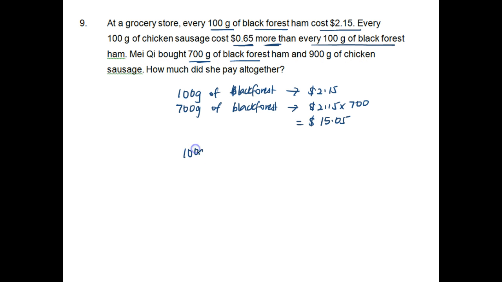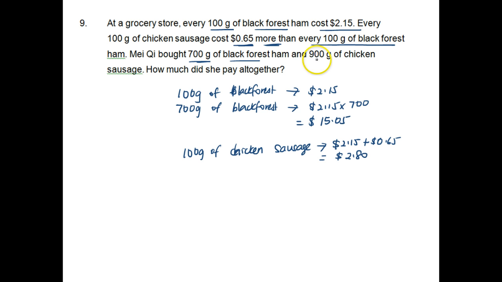Every 100 gram of chicken sausage is 65 cents more than the Black Forest. So it is $2.15 plus 65 cents, which is $2.80.